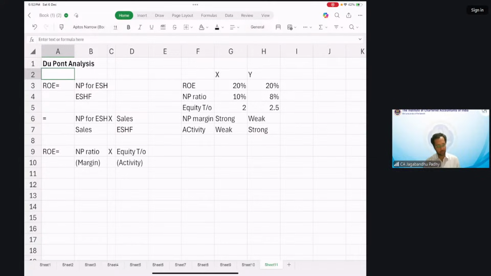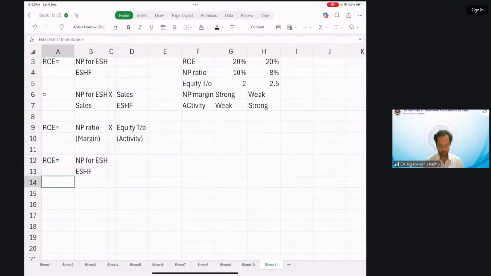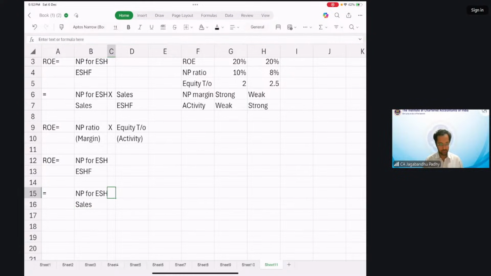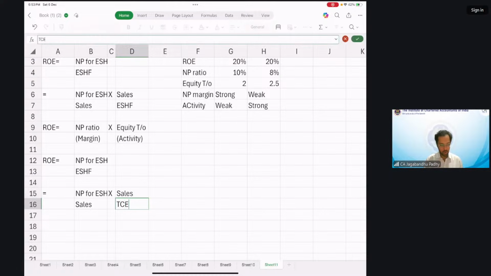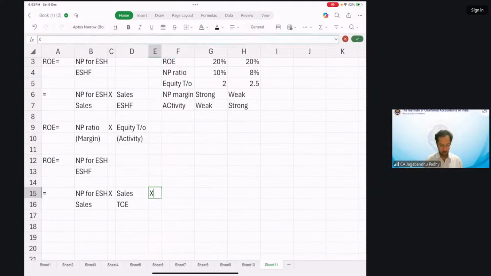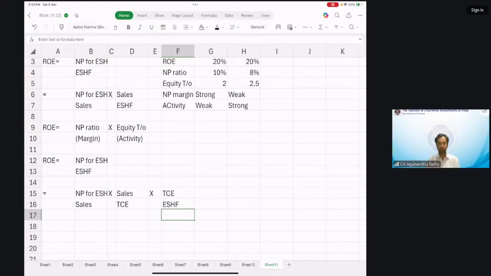By the way, we can further take it one more step. We take net profit for equity shareholders upon sales, but we further multiply it by sales upon total capital employed, and further multiply by total capital employed upon equity shareholders funds.